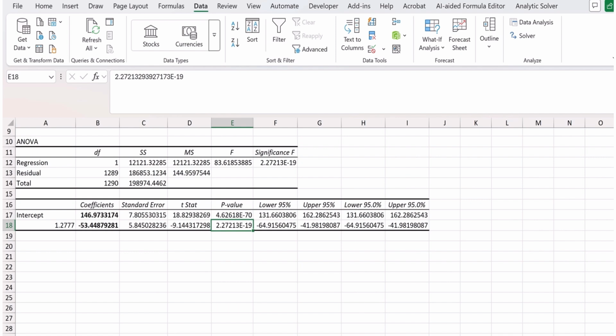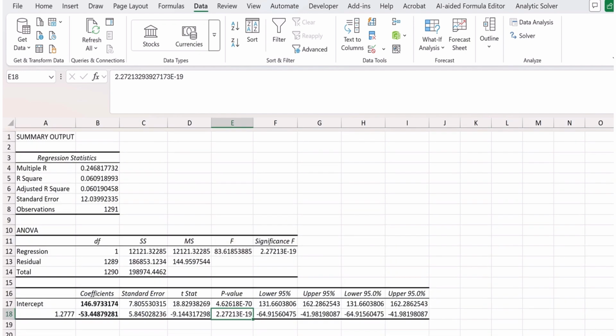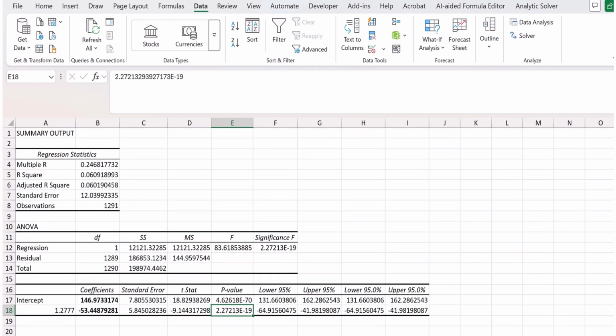The explanatory or predictive power of the model is modest. Why? Look at this number here. The R square is approximately 6%, meaning that changes in the US dollar against the Canadian dollar explain about 6% of the daily variation in crude oil prices. Only 6%.